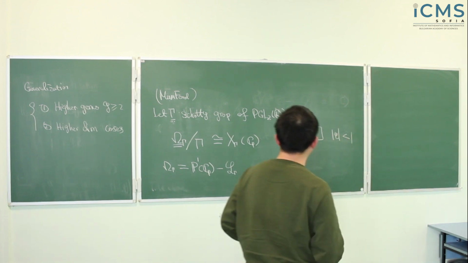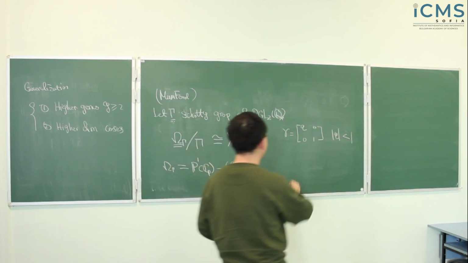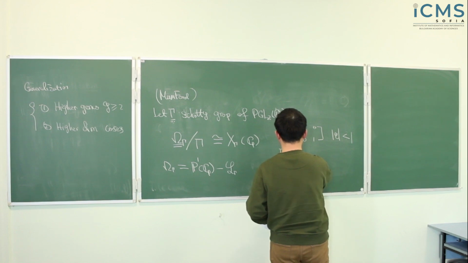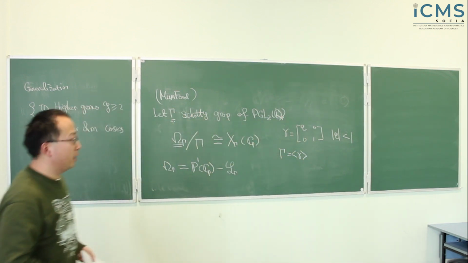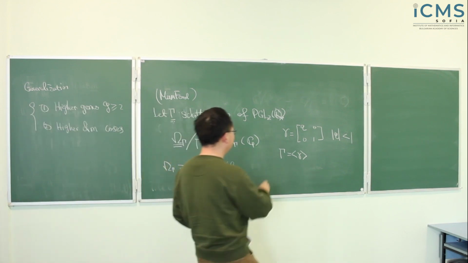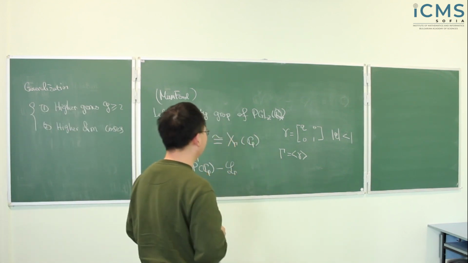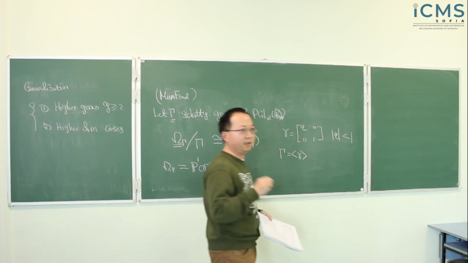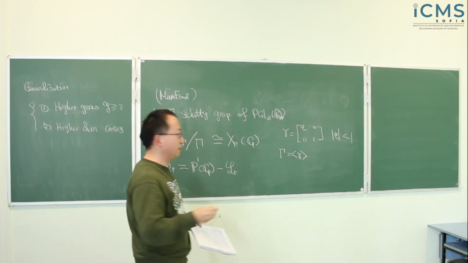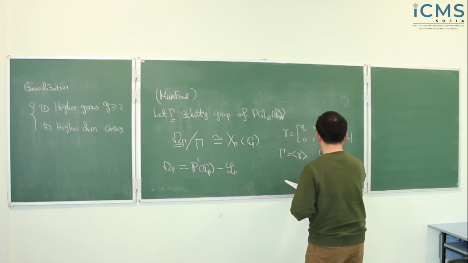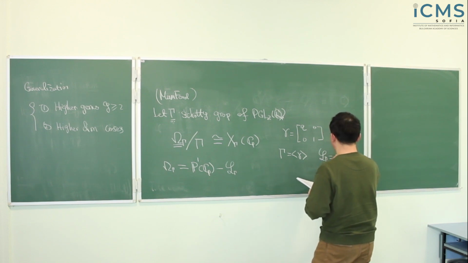And if we take gamma generated by this, after some calculations you will find that the limit points of this gamma are just 0 and the infinity point.